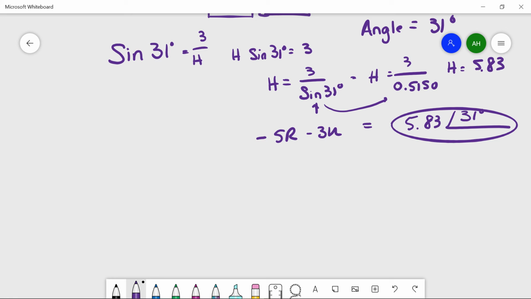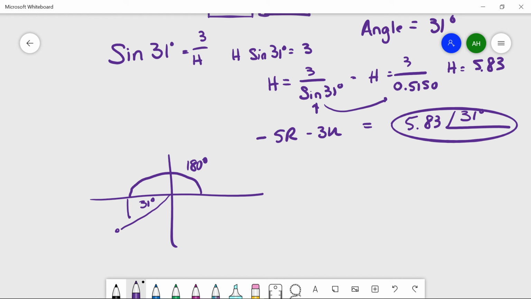Oh, sorry, just dawned on me. Did something wrong. Sorry, guys. Remember the fact that this line is over here, and that angle is 31 degrees right there. I got to add in the 180 that's over here. So there's 180 degrees there plus this 31 degrees here.